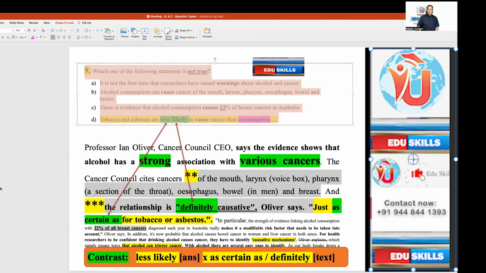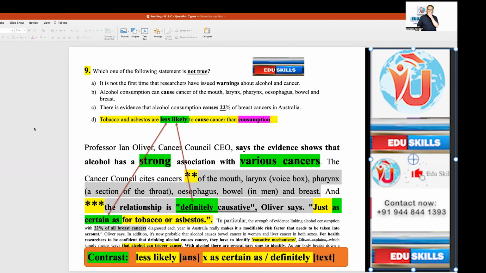It is not the first time that researchers have issued warnings about alcohol and cancer. Alcohol consumption can cause cancer of the mouth, larynx, pharynx, esophagus, bowel and breast. There is evidence that alcohol consumption causes 22% of breast cancers in Australia. Tobacco and asbestos are less likely to cause cancer than consumption.